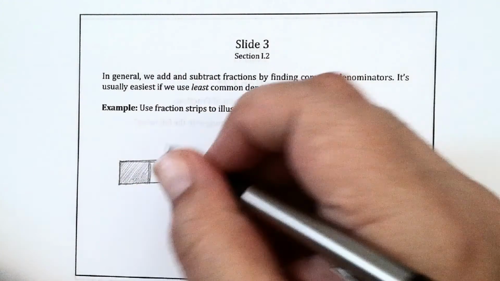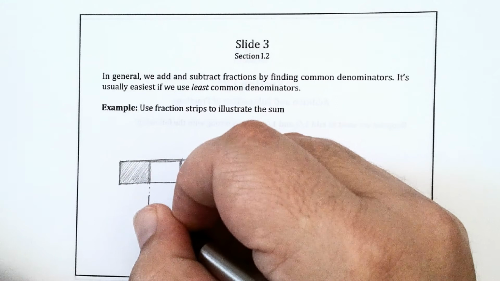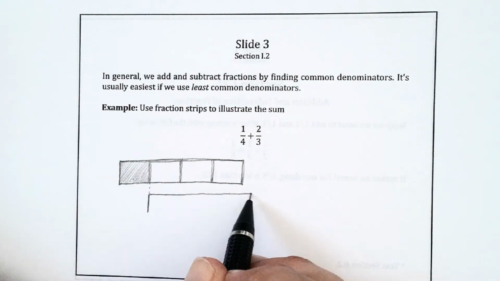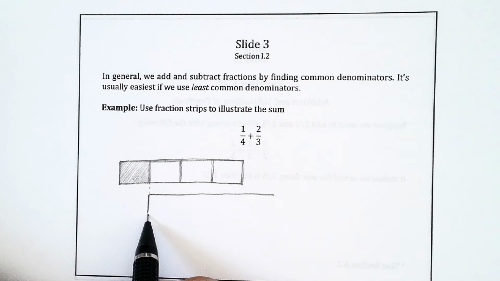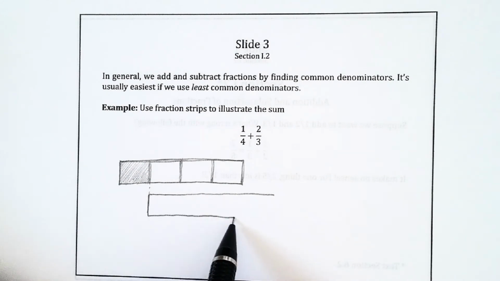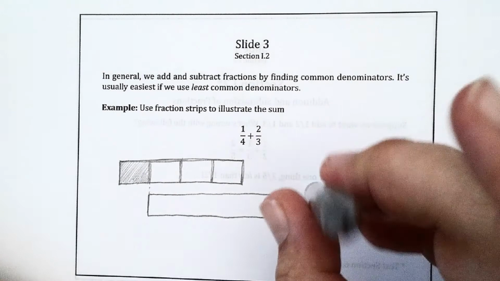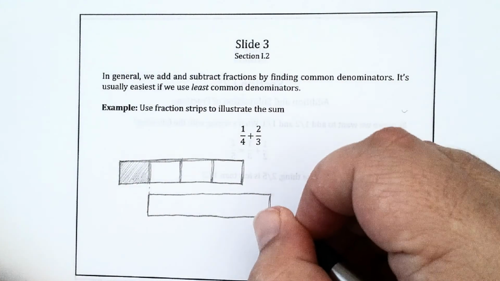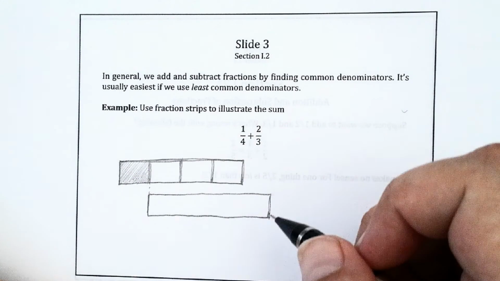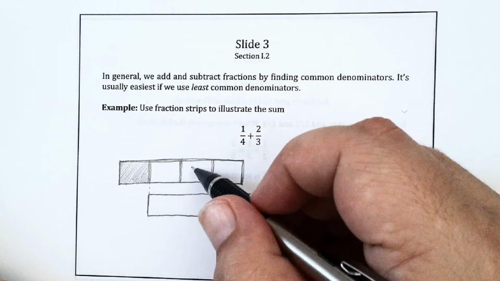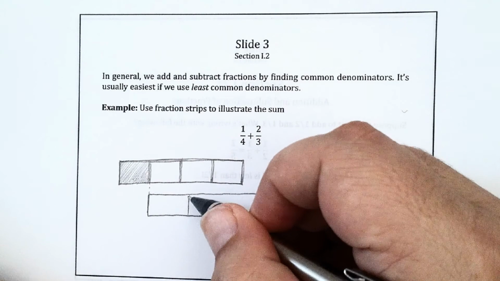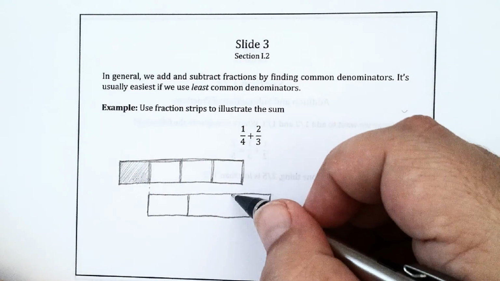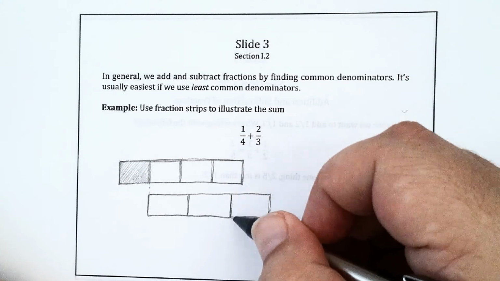Okay, and then you take a second strip, and I'm going to line it up like the book does. I want it to be this exact same length as the strip before, but I'm going to place it so that it starts where the shaded part of the other one ends. Okay, and I need to divide this into 3 equal parts. Yeah, just trying to be as careful as I can in doing that. Try to make it as exact as I possibly can.